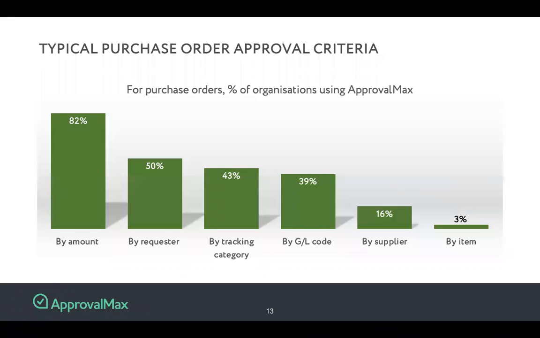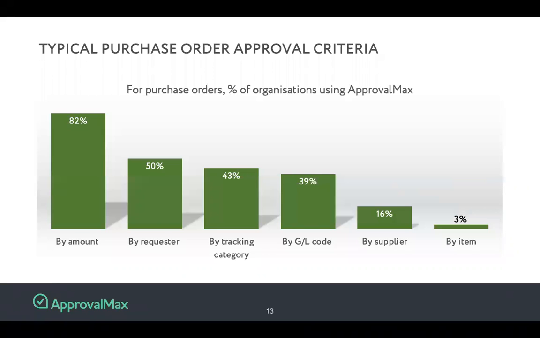By the way, as you see, the total sum of all these percentages exceeds 100, which basically means that lots of organizations that use ApprovalMax use more than one criteria to configure the workflow, not just by amount or not just by the requester, but a combination, amount and requester.